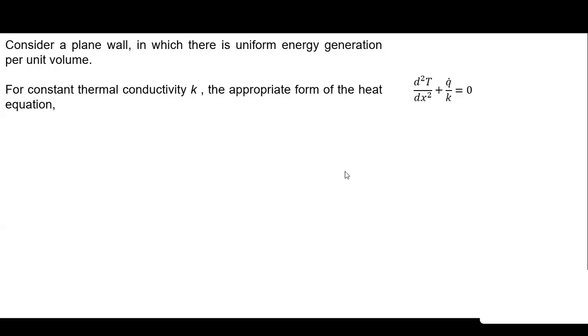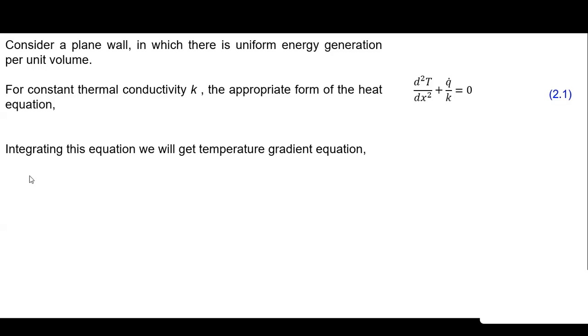Without internal heat generation, only d square T upon dx square equal to 0 was the equation which was solved in the first case. Now we are talking about heat generation, so we are considering this additional term, Q dot upon K. Now, as usual, in order to find the solution, the next step would be to integrate this equation. Integrating this equation gives us the temperature gradient equation.